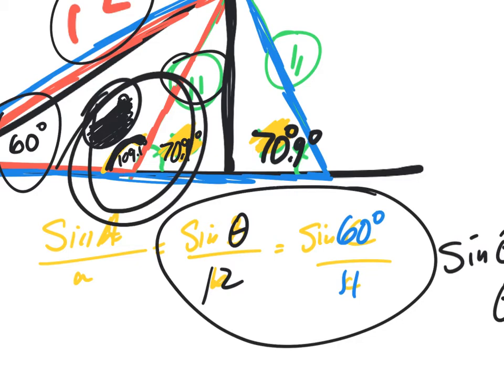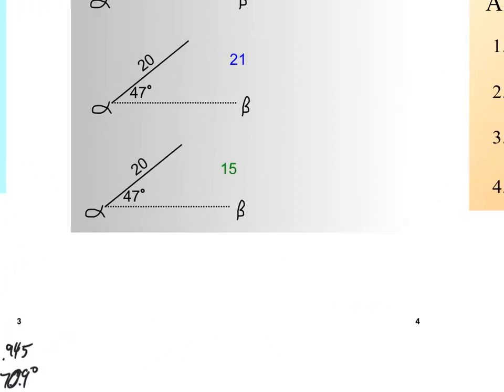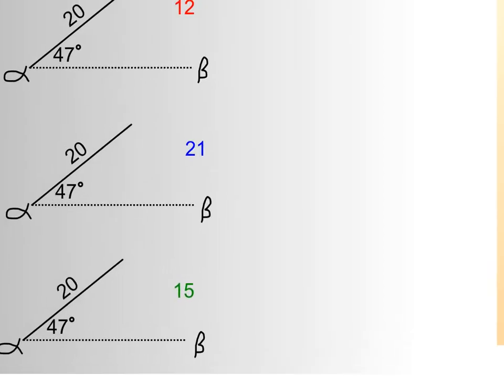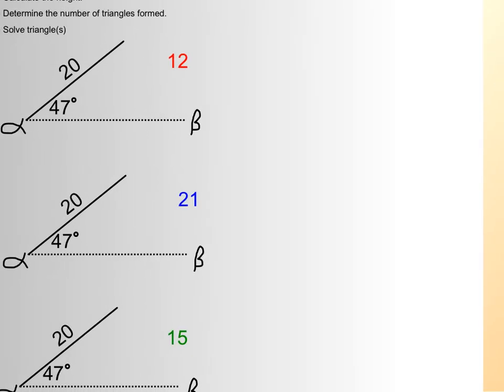All right. Let's do another one like this so you can see how these ambiguous case questions work. Everybody look at the gray slide. I'm going to save you some time. A length of 12 right here can't work.